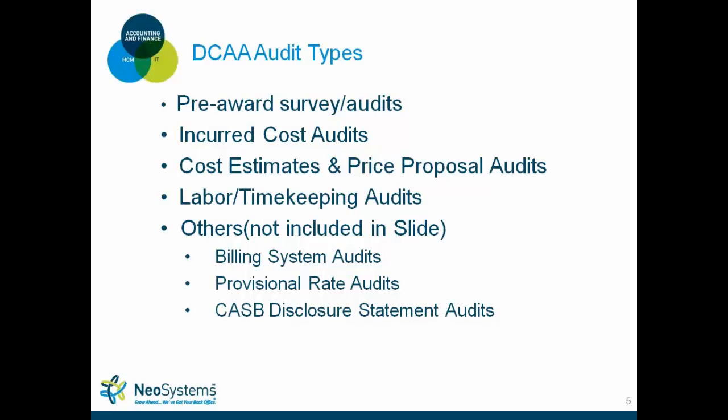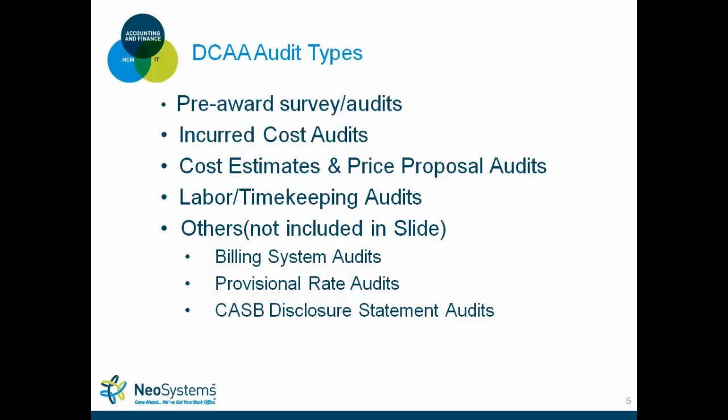Incurred cost audits, which are essentially like a CPA audit if your company goes through an annual CPA audit. Cost estimate and price proposal audits, labor timekeeping audit, and others that are not included in this slide are really kind of uncommon for contractors, but they include billing system audits, provisional rate audits, and CASB disclosure statement audit.